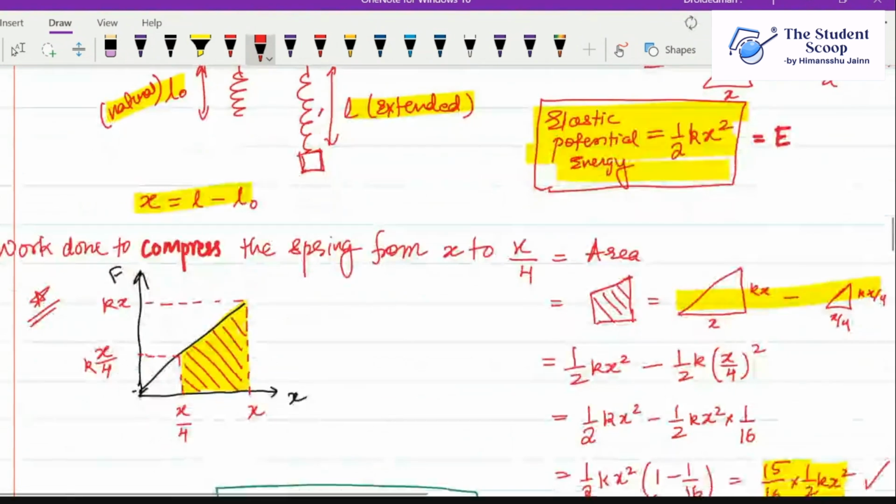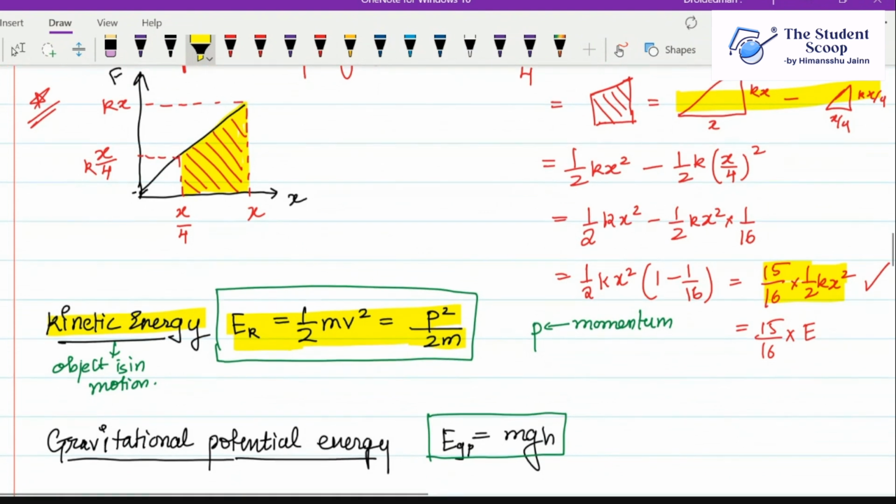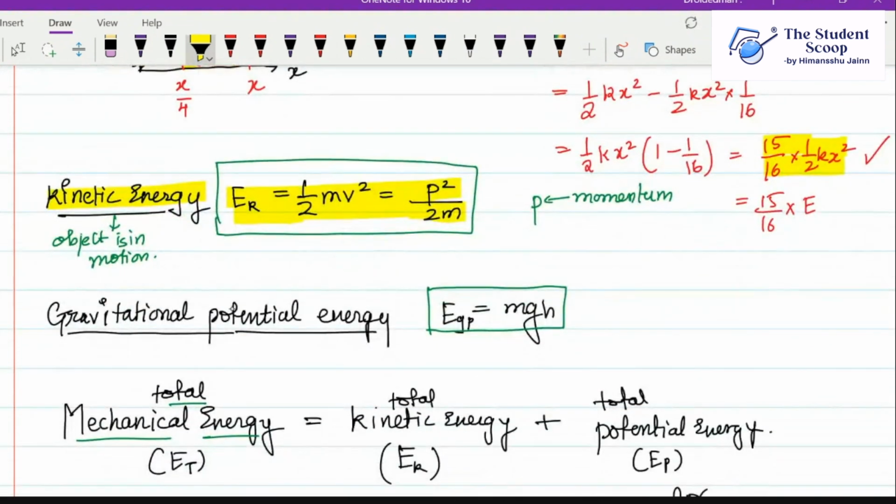Then we have another kind of energy for an object in motion: kinetic energy, very commonly used. If the object is moving, you will have kinetic energy that is given as half mv square, or it can also be given as p square by 2m, where p is the momentum of the object. Then we have gravitational potential energy, GPE. Gravitational potential energy is given as mgh, where h is the height from the equilibrium point.